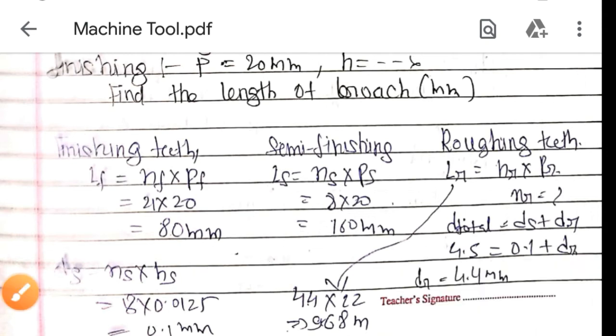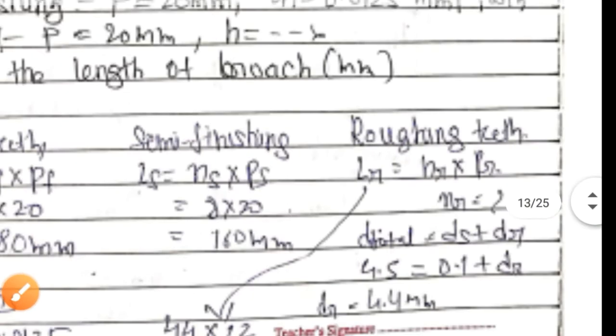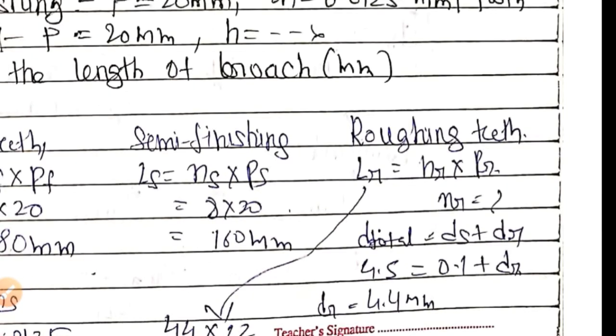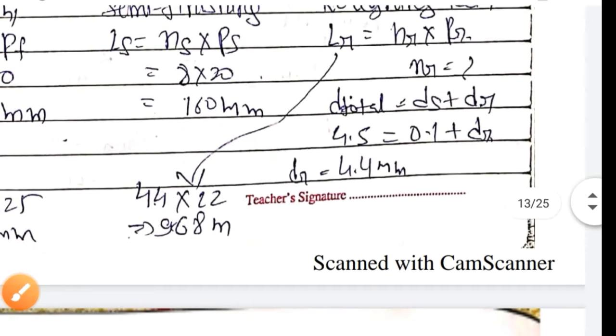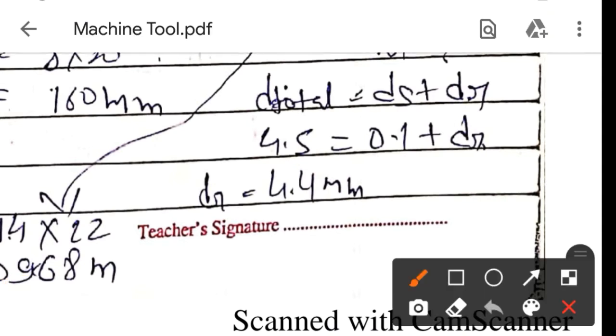Now coming to the roughing teeth, LR is equal to NR into PR, but here NR is not given. We know the total depth of cut is given as 4.5 mm. So the total depth of cut is DS plus DR. The total depth of cut is given as 4.5, which is equal to the depth of cut in the semi-finishing, given as 0.1 mm, plus DR. From here we can find the depth of cut in the roughing teeth, which is 4.4 mm.